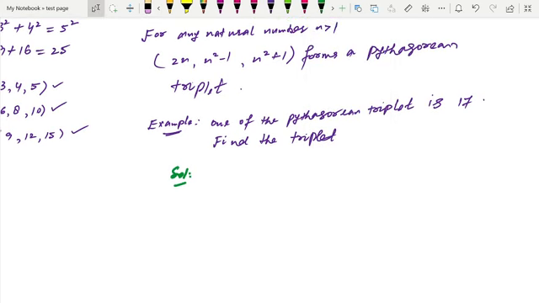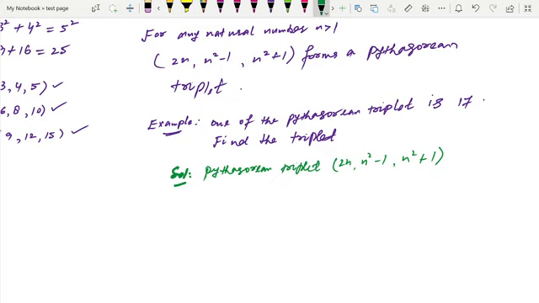Now here we need to understand a little. Obviously, the Pythagorean triplet that we have is equal to 2n, n square minus 1 and n square plus 1. Now obviously 2n cannot be 17 because it's an even number.